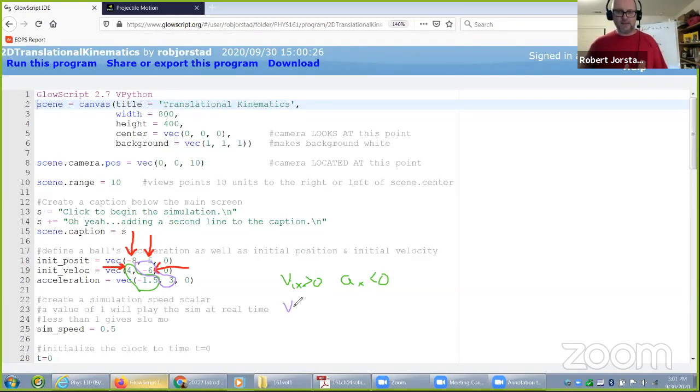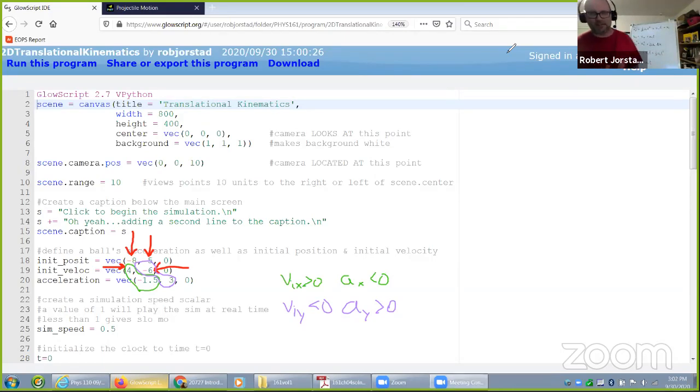V initial Y is negative, but A sub Y is greater than 0. So it's slowing in the Y direction as it goes down. Because anytime acceleration and velocity have opposite signs, that's what it's doing. So I just wanted to point out the same equations that we used right here are what I used to code up this simulation.